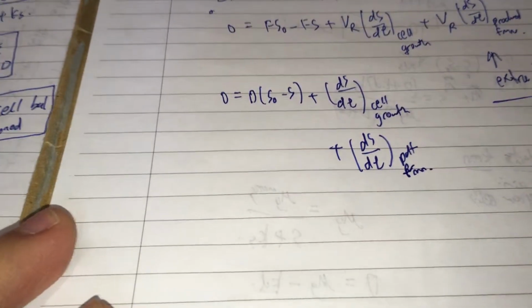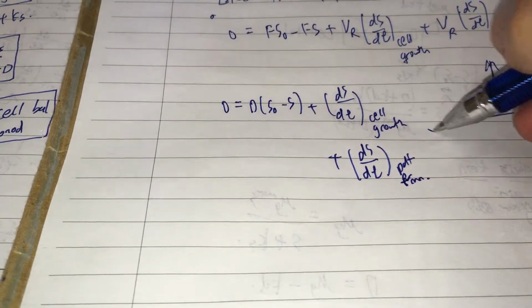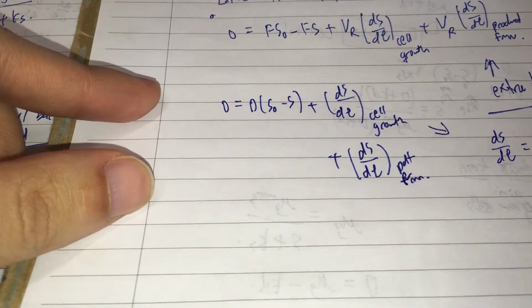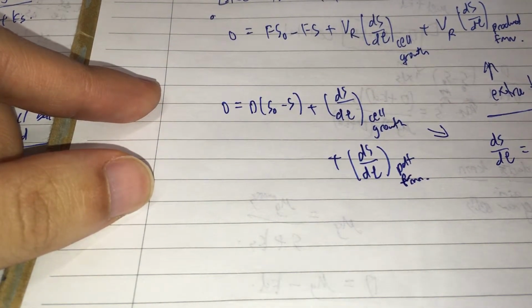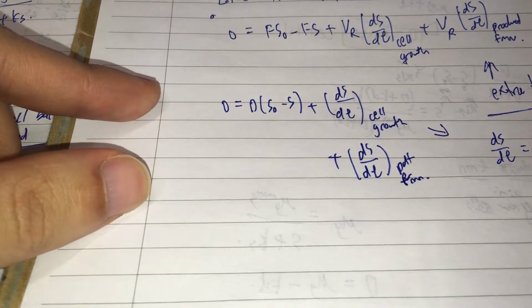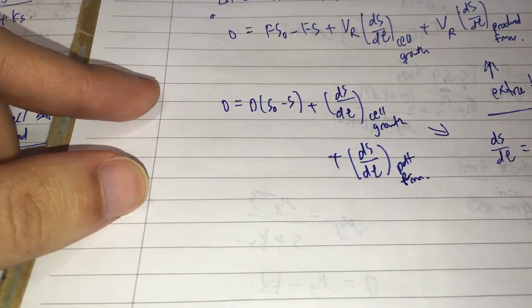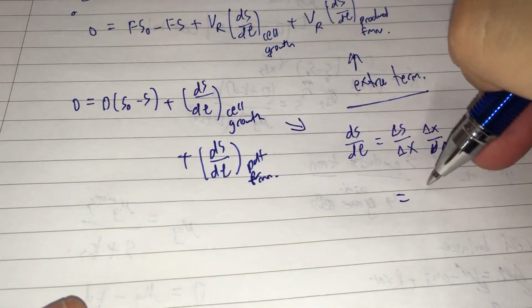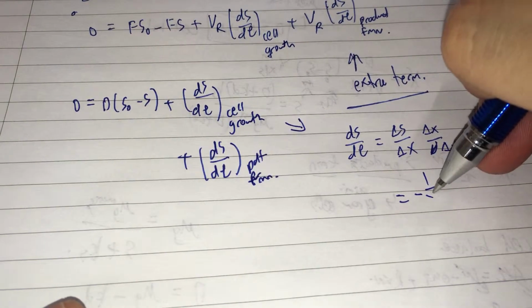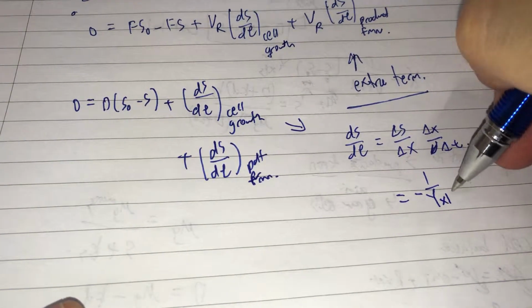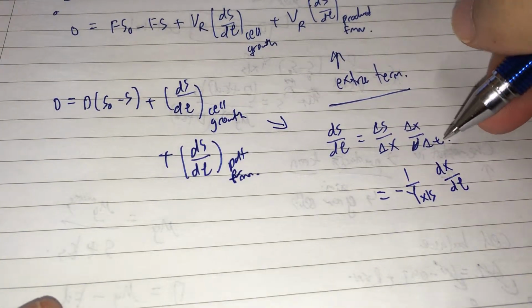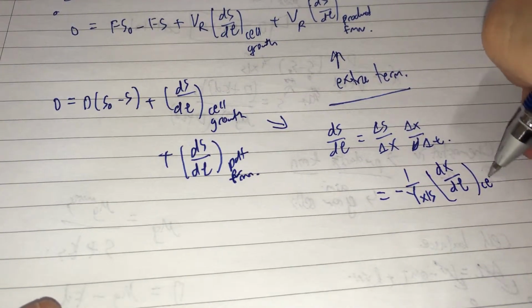So what is ds/dt due to cell growth? It equals del s del x times del x del t, so this is 1 over Y x by s times dx/dt due to cell growth.